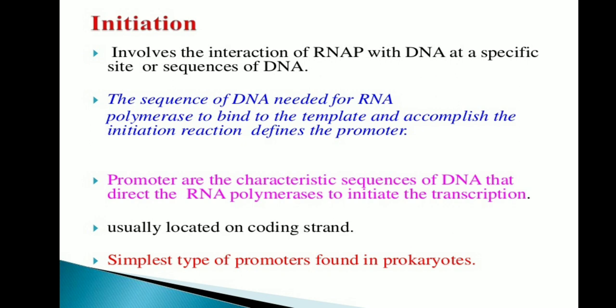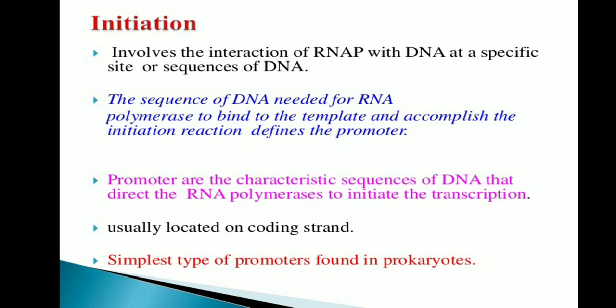For the antisense strand to become accessible for base pairing, the DNA duplex, that is double stranded DNA, must be unwound by the polymerase, right? This property is held by the beta prime subunit. The initial unwinding of the DNA results in the formation of the open complex, as in DNA replication.